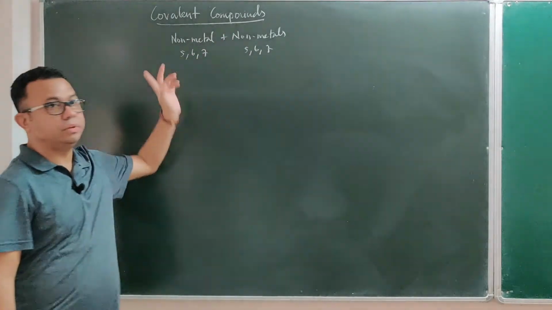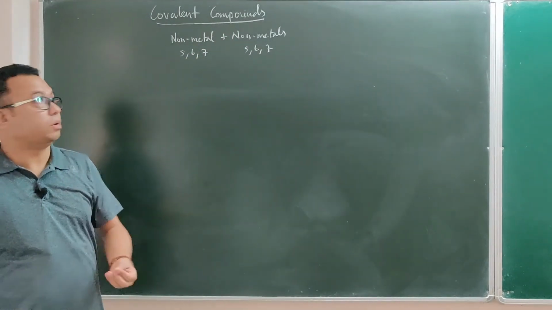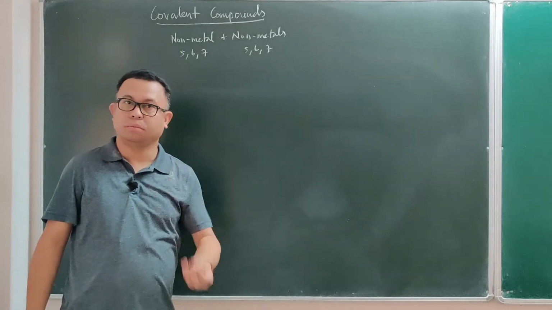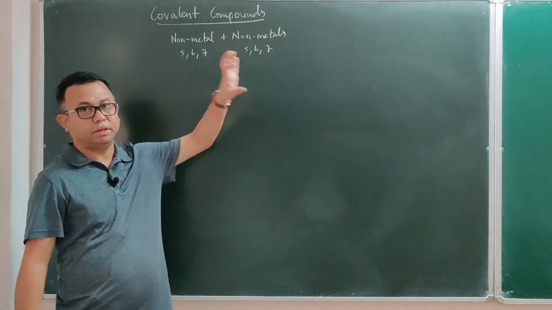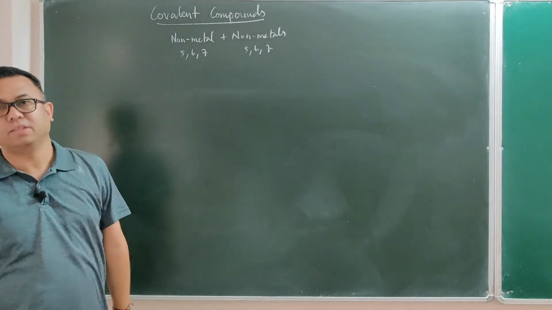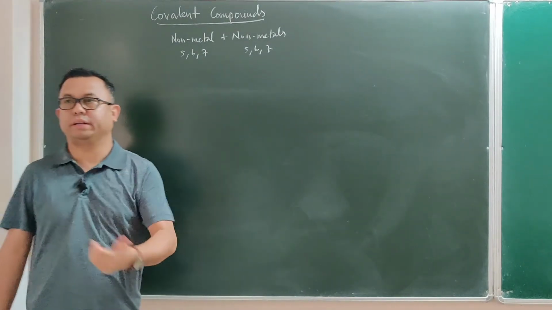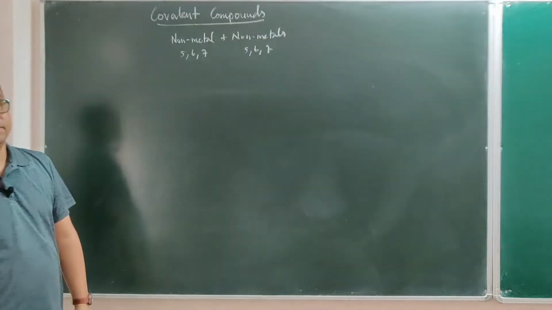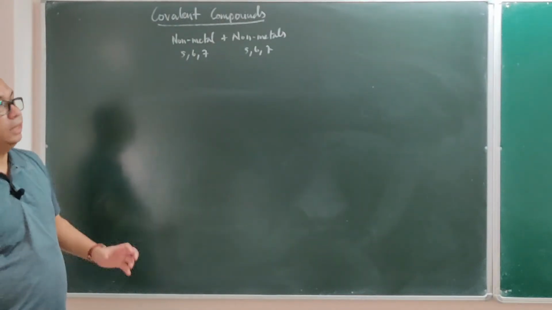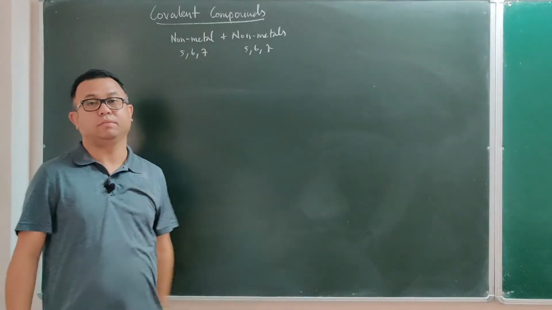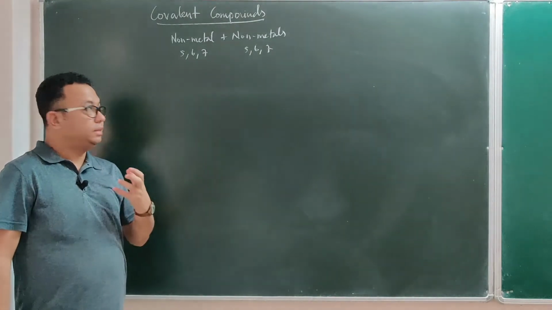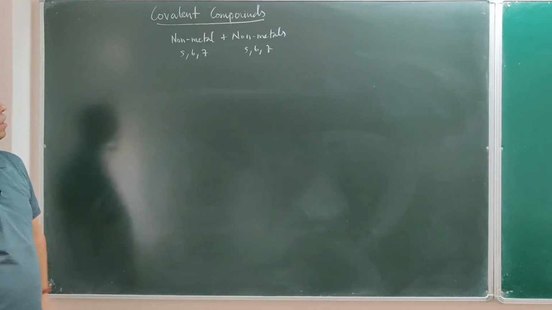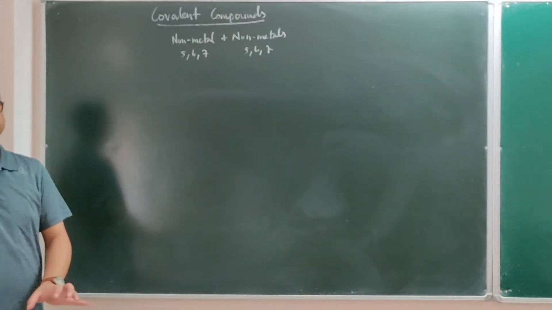Transfer not possible means electrovalent is not possible. So the only possibility is that they will make an adjustment such that both of them are satisfied and become octet, stable. The only option left is that they will have to share electrons, and this sharing of electrons takes place between the two.